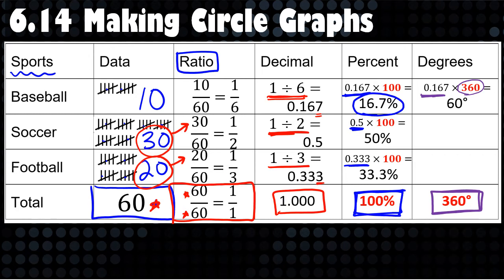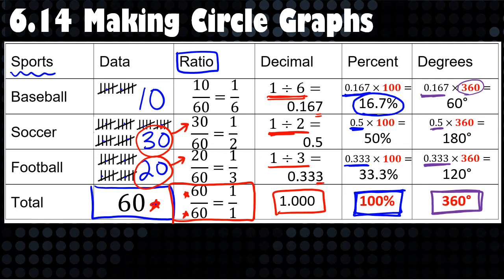So I can say that 60 degrees is going to be the baseball portion if I measure the angle. Then I can do the same thing. 0.5 times 360 is 180 degrees, and 0.333 is going to give me about 120 degrees.